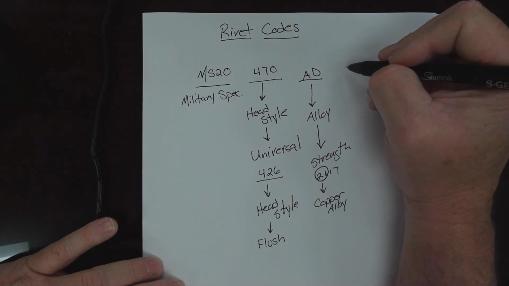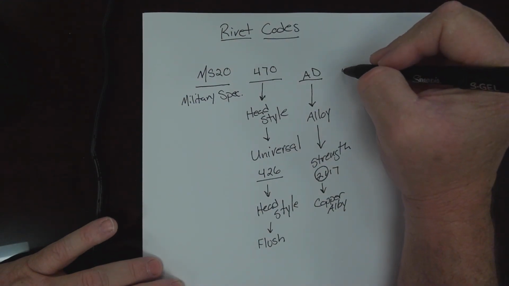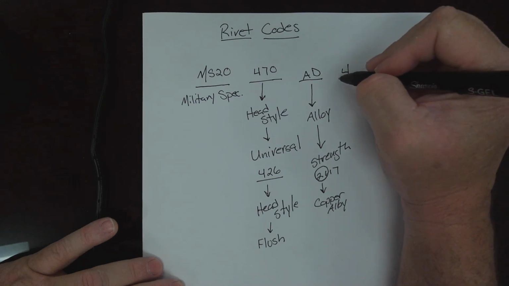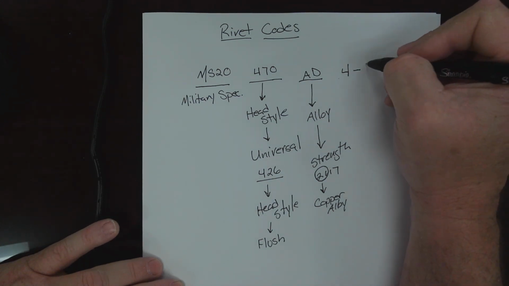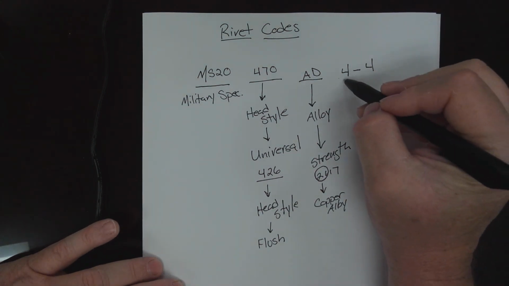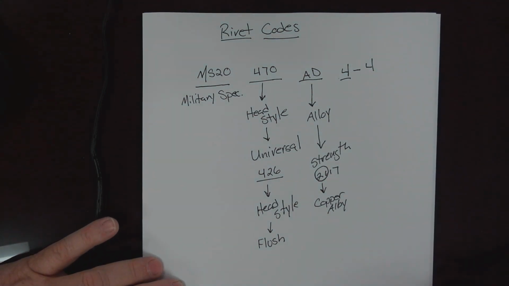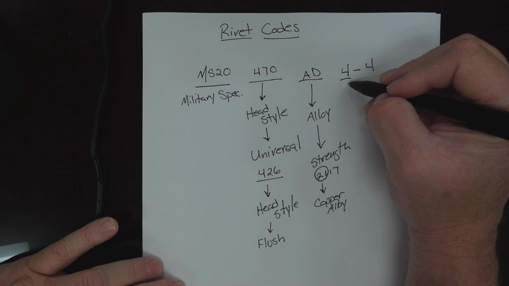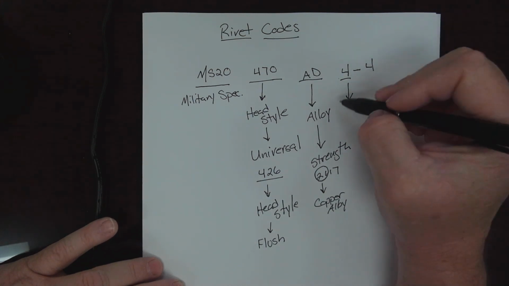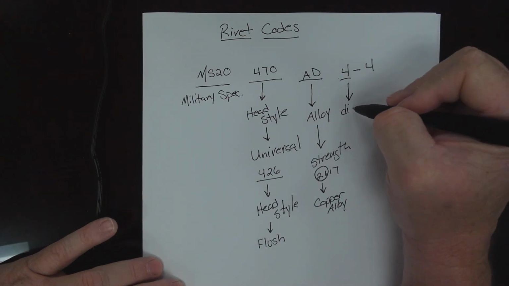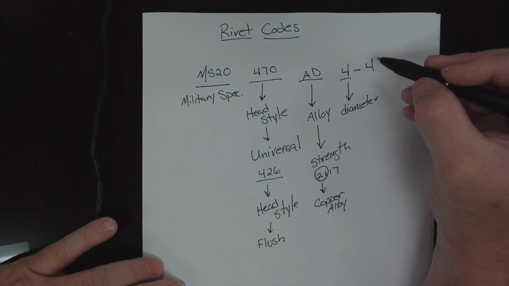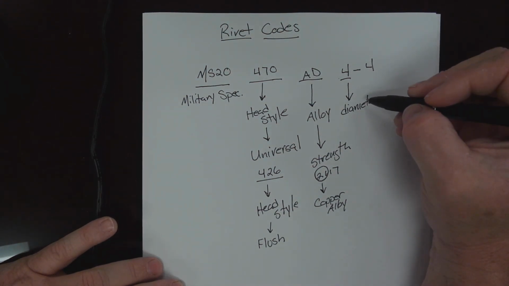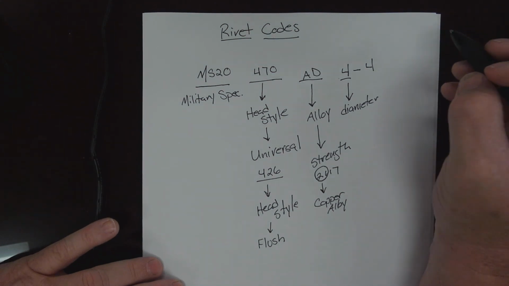Now, the next digit we would want to focus on is going to be a number. Now, this number is preceded by a dash and another number. Let's focus on this one first. This is really, really critical because this number describes the diameter of the rivet. And remember, when we're doing rivet math, we always start with diameter doing our calculations.